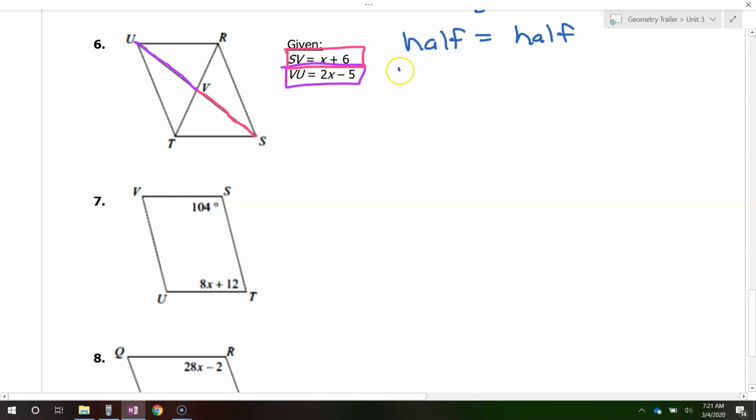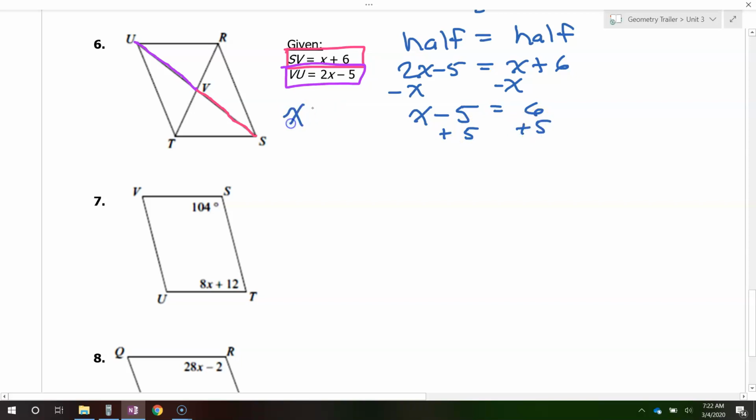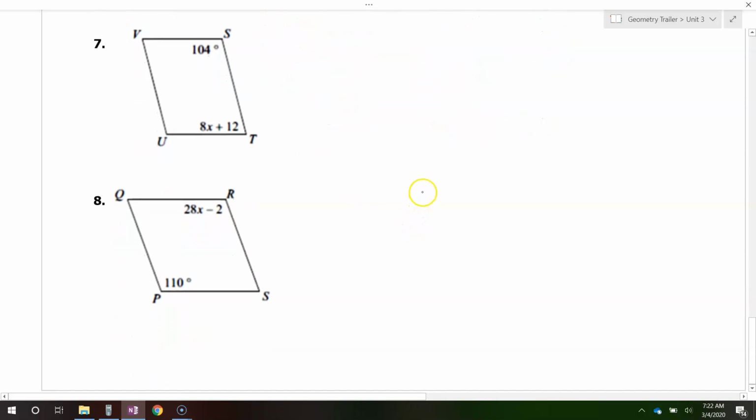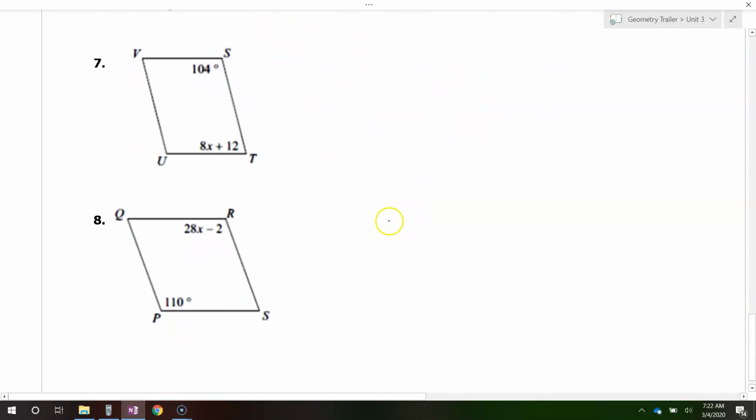So that means that 2x minus 5 should equal x plus 6. Let's subtract x from both sides. That will give us x minus 5 is equal to 6. Then when we add 5 to both sides, we have x equals 11. All right, we are almost to the end.